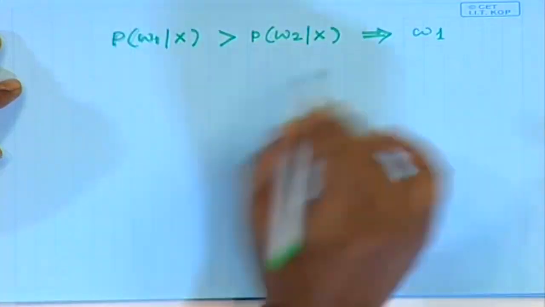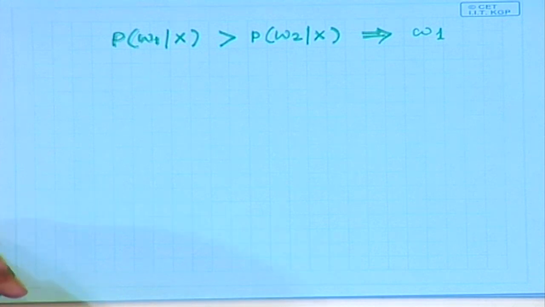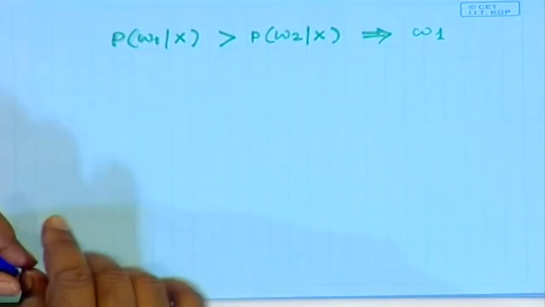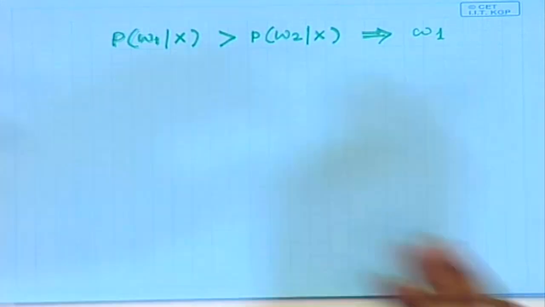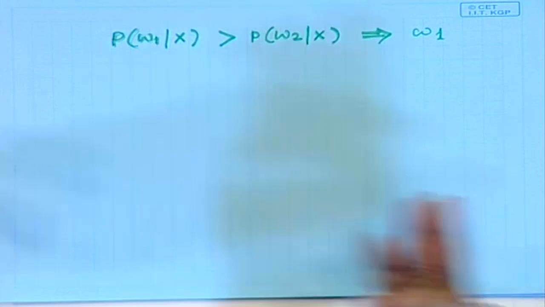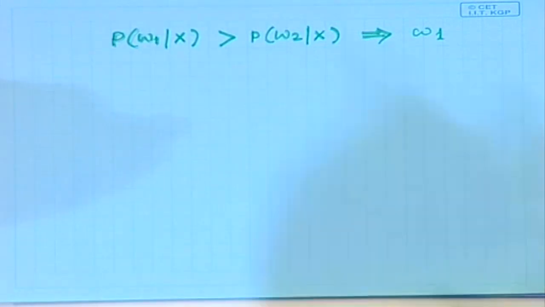So, the difference between our generalized case and the specific case is that here we had this simple expression: p of omega 1 given x greater than p of omega 2 given x leads you to the decision of omega 1, or in the present terms action alpha 1. If it is the reverse, then I have to take action alpha 2.